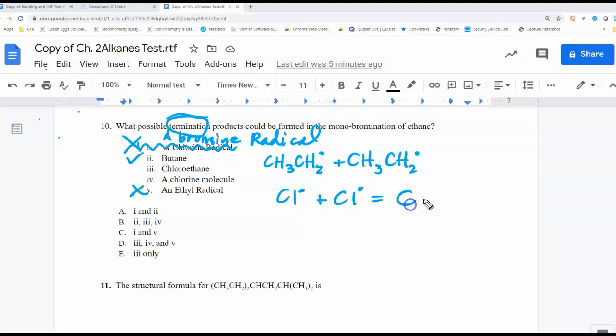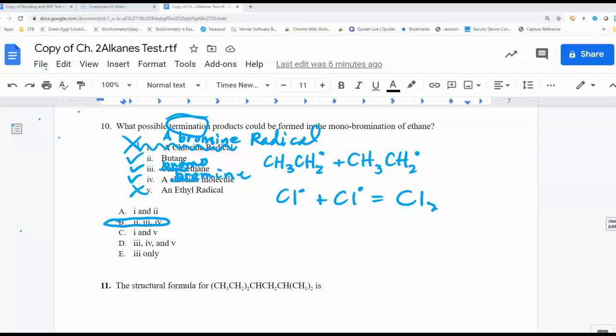Yeah, we might make a chlorine molecule, so that's okay. Or that would be a bromine molecule, yeah. And then might we make a bromoethane? Yes. So 2, 3, and 4 should have been our correct answer, and B was our correct answer there. And that was because I played with the question when I made this test.